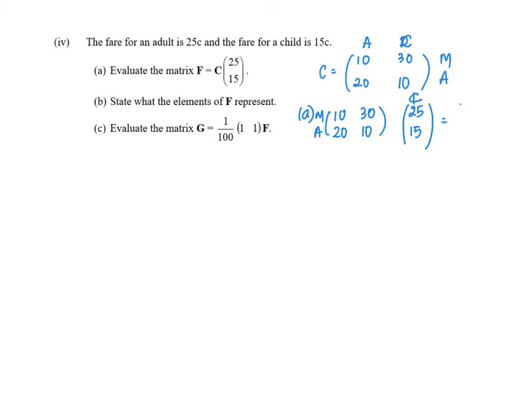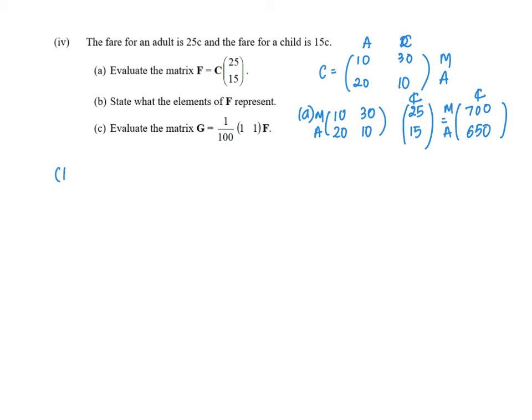So we should get a 2 by 1 matrix where it's talking about morning and afternoon and the total amount of money in cents that we have collected. Let's try to work out the answers. And I get the following answer, 700 cents for morning and 650 cents for afternoon. And this is only for just 1 weekday, right?